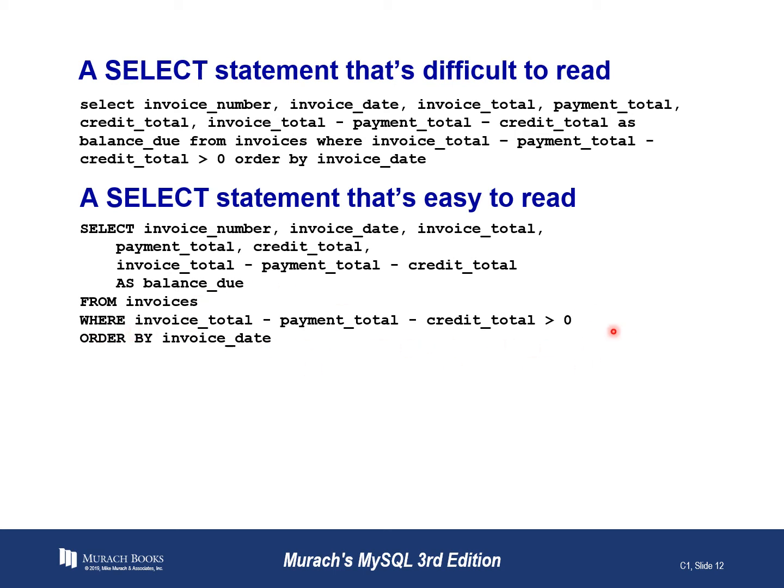Okay, this is the condition for the select statement. So it's a much nicer way to represent the same idea. It takes a couple of lines extra, but I think it's totally worth spending the time adjusting it. We're going to give you some more guidelines on how to write SQL statements in the upcoming slides, but this is an example of what would be considered difficult to read versus easy to read.